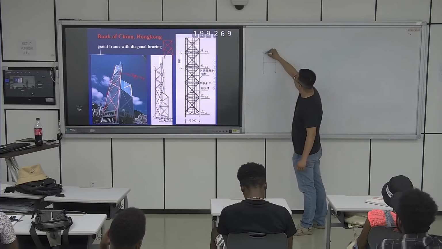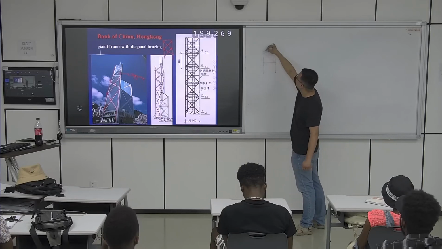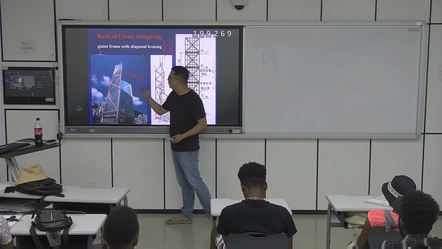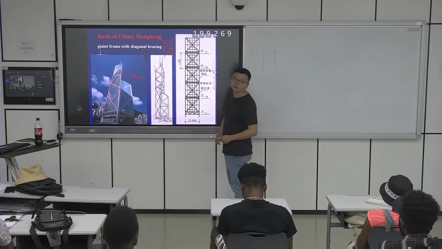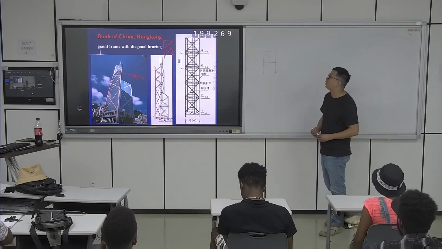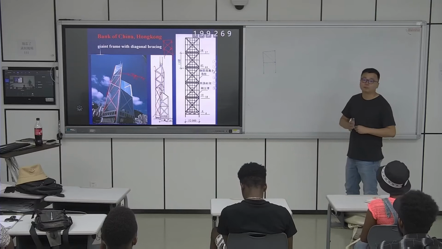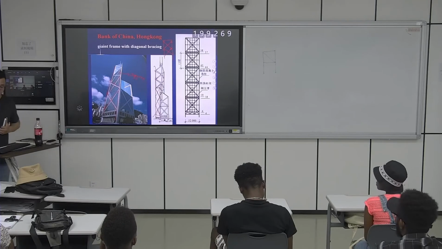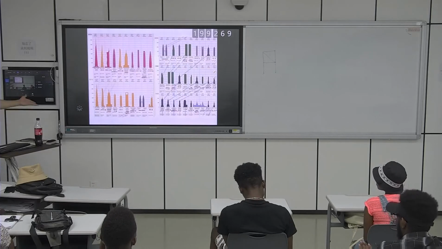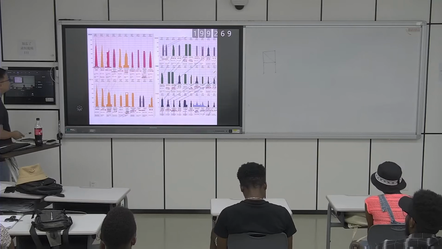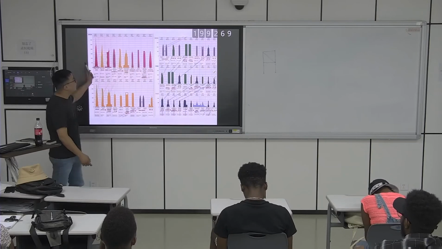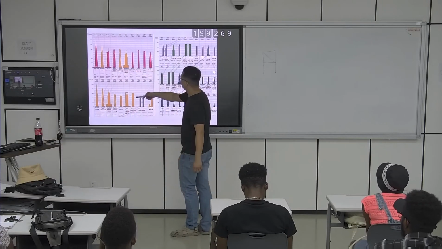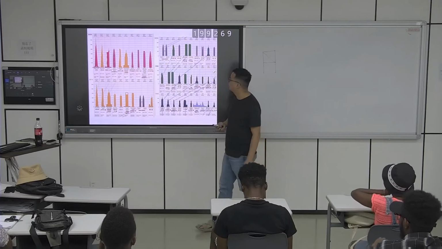And when we apply a load here, it can also share the force. This building directs the force to the outside supports, and it also looks very beautiful, right? So it is one famous steel structure. Also, you can see here, in the high buildings, all are steel structures, built by steel structure.